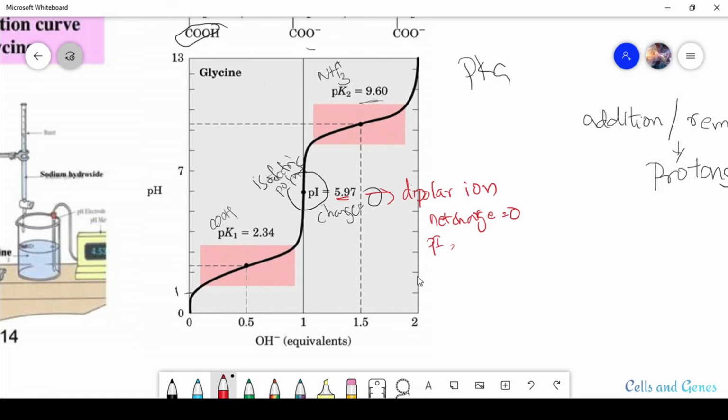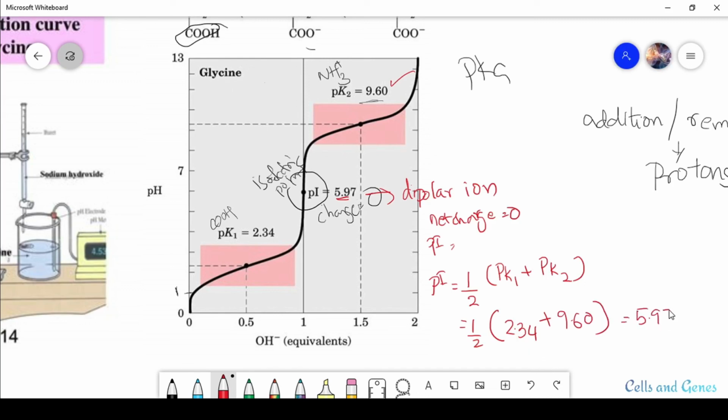We can calculate the isoelectric point pI, as it has no ionizable group in its side chain, by the simple arithmetic mean, that is half into the values of pK1 plus pK2, that is half into 2.34 for pK1 and 9.60 for pK2, and we get 5.97 as the pI value, which is the value over here in the graph.